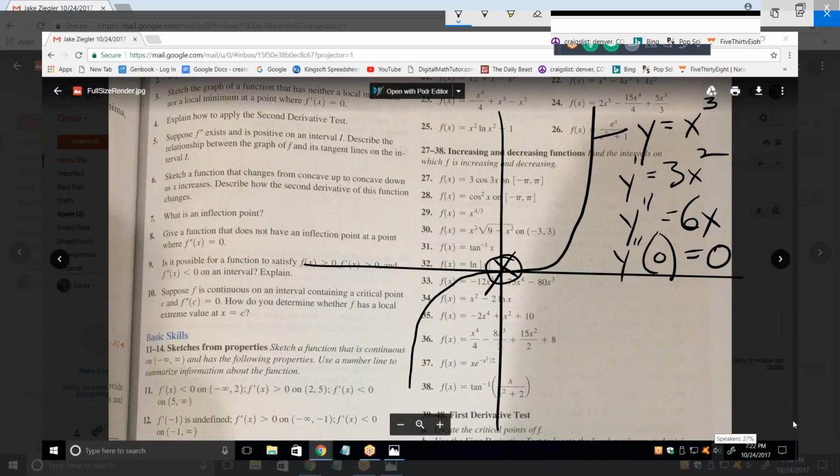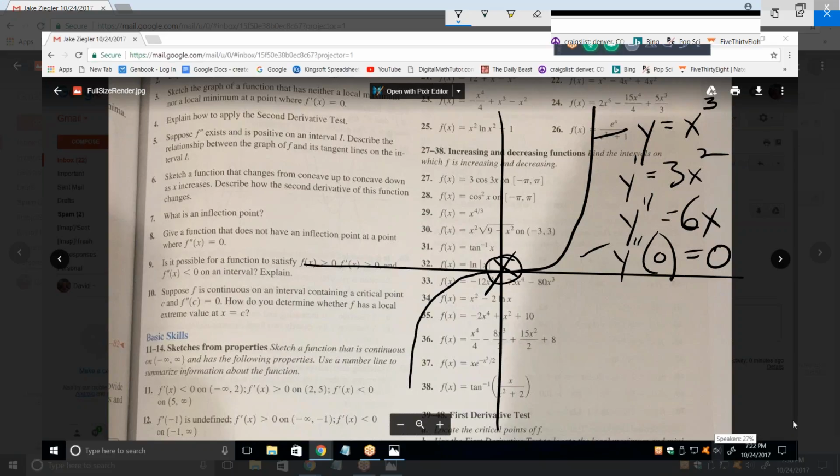And there is. That's where it goes from concave down to concave up. How do you determine whether f has a local extreme value at x equals 0? In other words, our second derivative test didn't tell us.